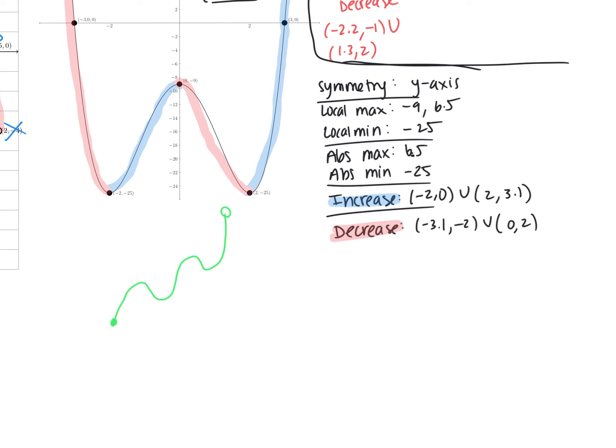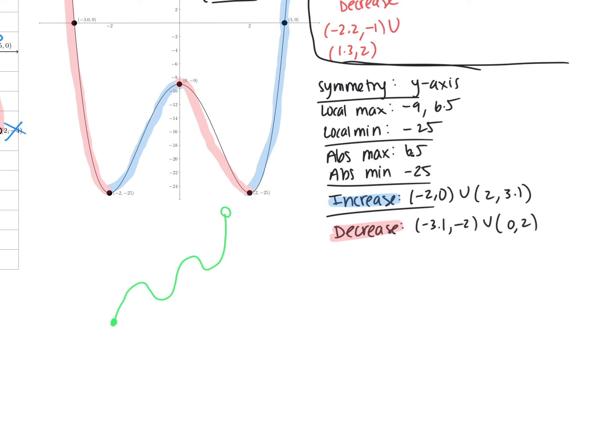Okay. Absolute minimum would be here. Does this graph have an absolute maximum? No. The highest point on the graph, is it included on the graph? No. So there's a highest point, it's not included though. There's no absolute maximum. Are there any local maximums? Yes. Right here, right there.